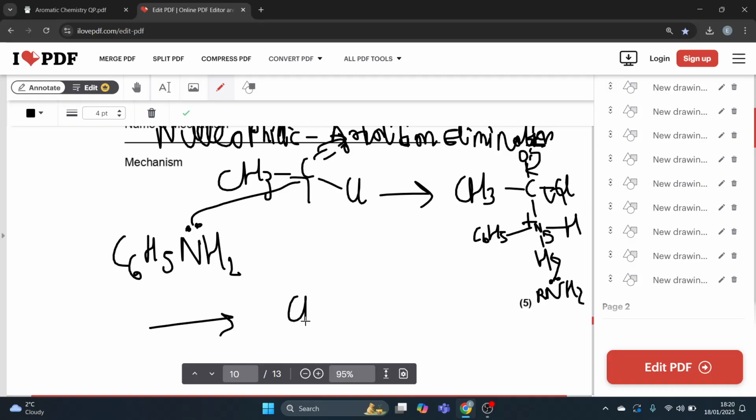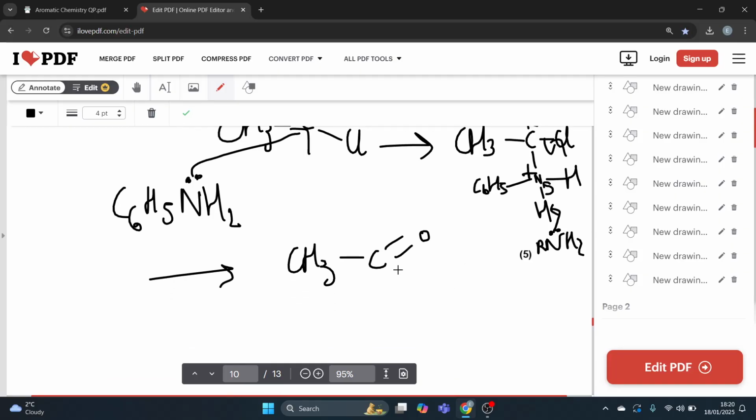In order to reform the double bond, the C-Cl bond must break. And then I've got my CH3, C double bond O, just Cl is left, and I've got my C6H5NH. So I just say NH and then C6H5.